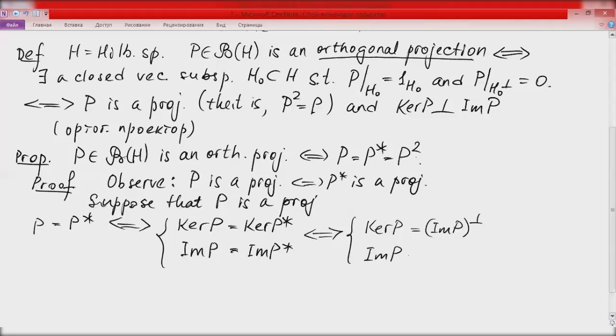And so the second equality has the following form now: the image of P is the orthogonal complement of the kernel of P. And it's clear now that both equalities are equivalent to each other, and they mean precisely that the kernel and the image of P are orthogonal. That is, P is an orthogonal projection in the sense of our definition. And this completes the proof.